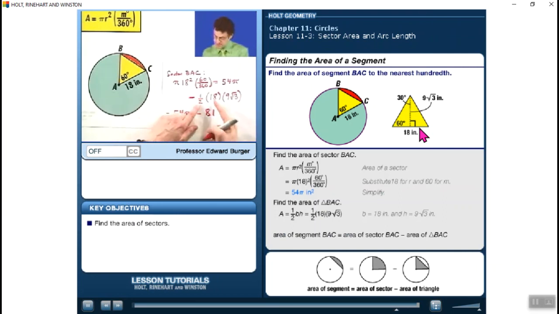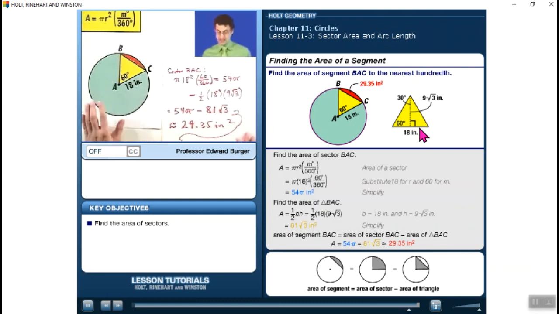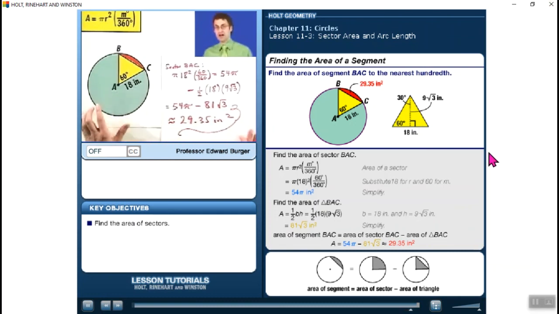We can see that because the 2 and the 18, when I divide, I get a 9. 9 times 9 is 81. That's the exact answer. If you want an approximate answer, you can put it in the calculator and see 29.35 inches squared. And so there you can see how to find the area of a segment by taking the area of the analogous sector and subtracting off the area of the triangle.